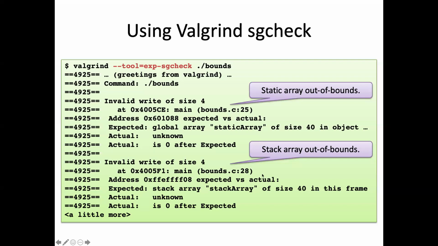You did that on line 28 of your code. And here's the array that you wrote. It was 40 bytes in size, 10 elements, and you wrote right past the end of it. So this tool, I will say your results might be mixed on it, but it's intended to help you check for errors on these other two regions of memory.